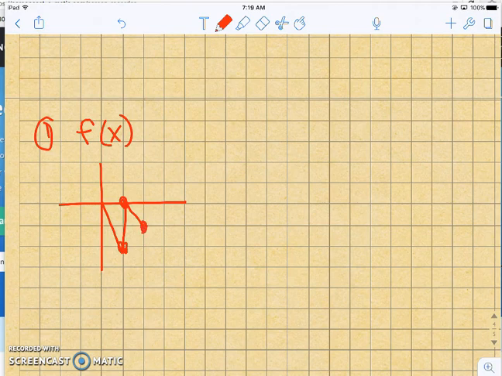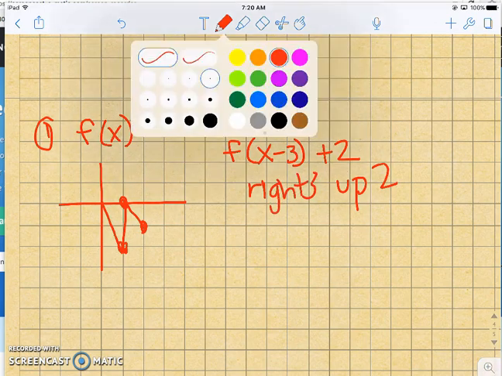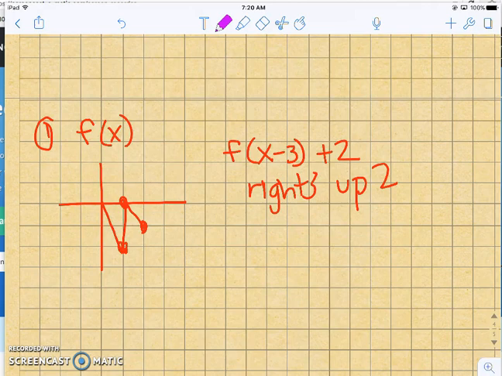And I ask you to graph f of x minus 3 plus 2. Well, what are those transformations? Well, the plus 2 goes up 2, minus 3 goes to the right 3. So then we'll take each of these coordinates, 1, 2, 3, and we'll move it to the right 3.